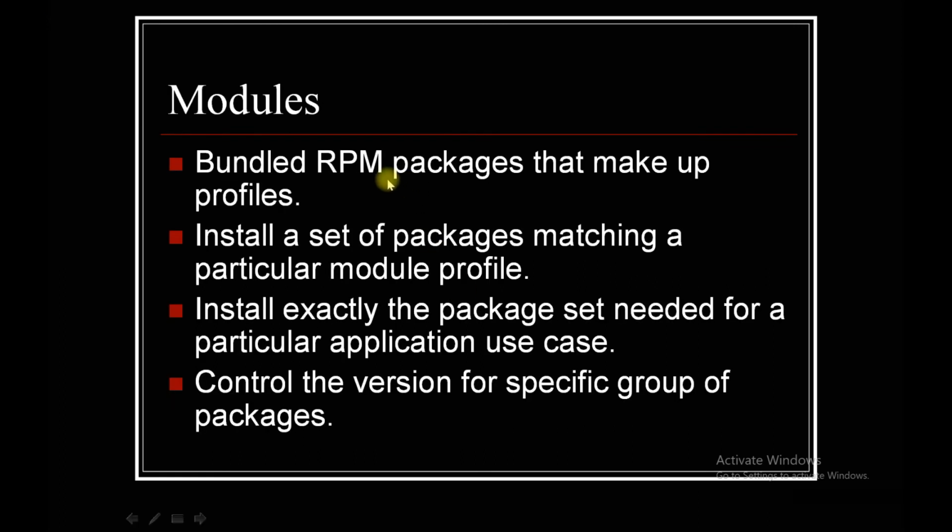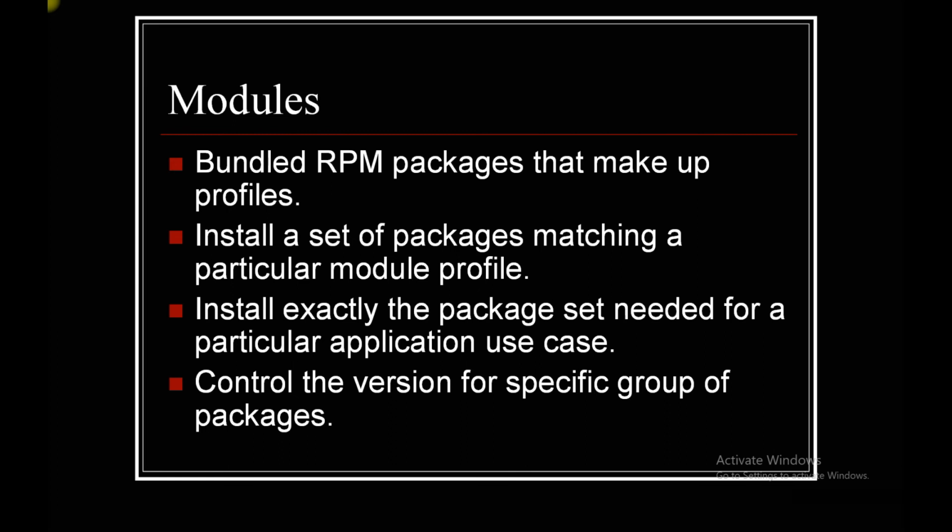Next is modules. What are modules? Basically modules are a bundle of RPM packages that you want to install in one attempt, and that may be related to particular applications or a particular profile. For example, you want to update the Perl package, so you just say module Perl, or you want to update the GNOME package, so a set of packages will be installed with the help of module options.